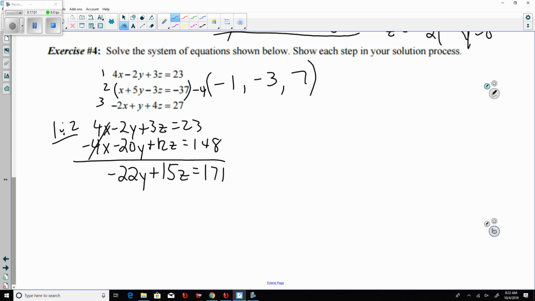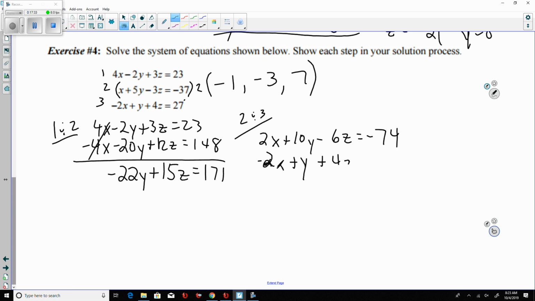Now the next one I'm going to use is 2 and 3. Okay, we need to get rid of the x again. So now I'm going to multiply this one by 2. So I have 2x plus 10y minus 6z equals negative 74. And then negative 2x plus y plus 4z equals 27.